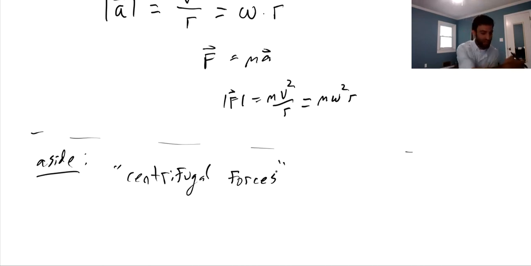If you're turning this way, it feels like you're pushed against the side of your car, outward against the direction that you're turning. And so people often think that there's actually a force that corresponds to this kind of outward push as you're moving in a circle. And this turns out to be one of those caveats.